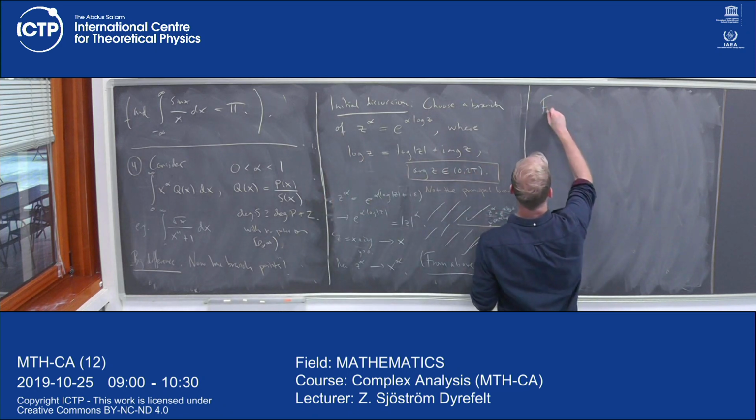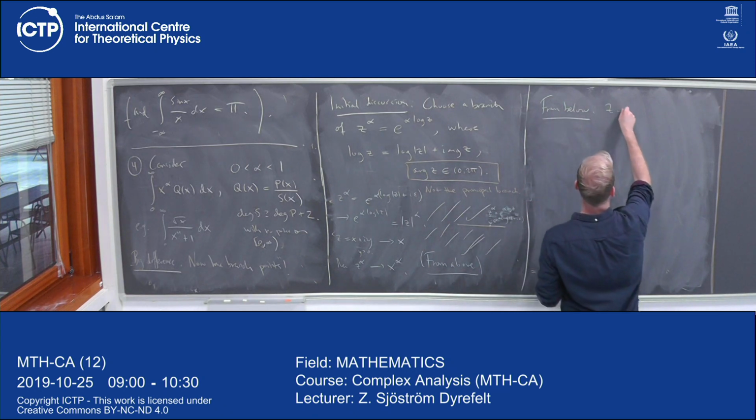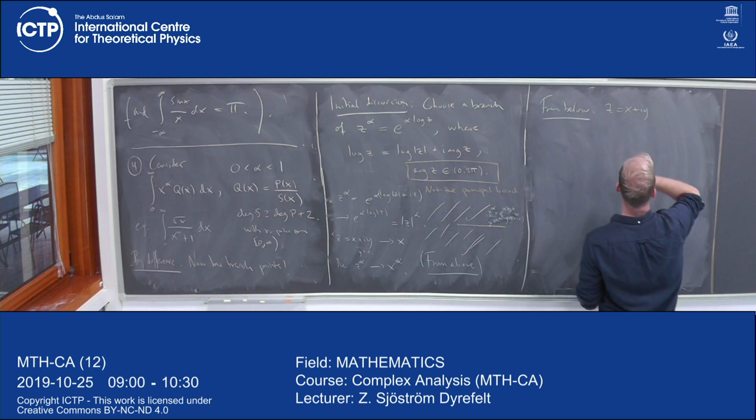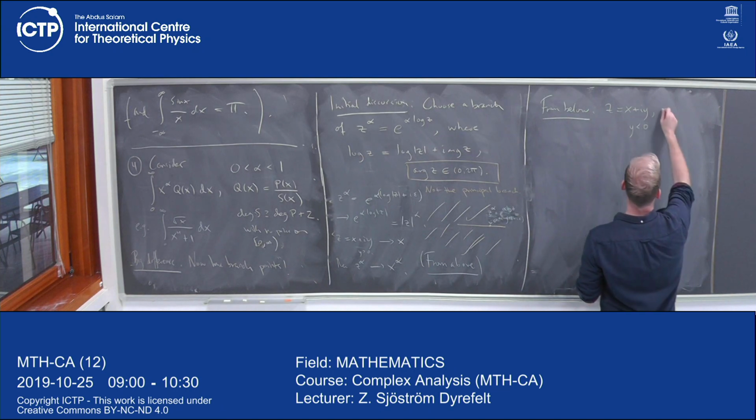So from below, z equals x plus iy, where y is now negative.